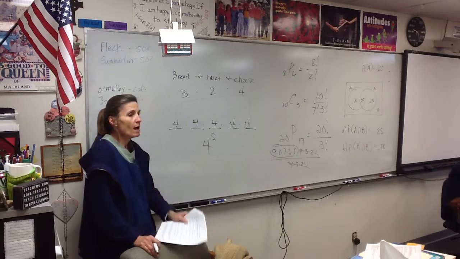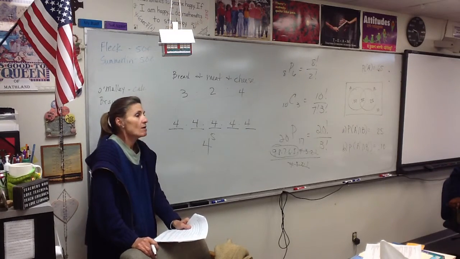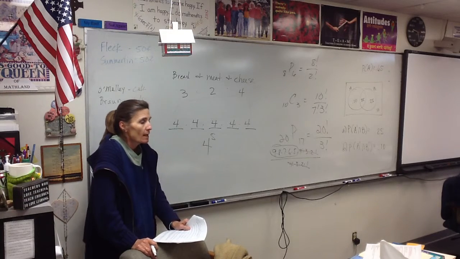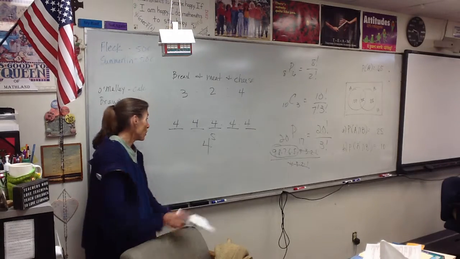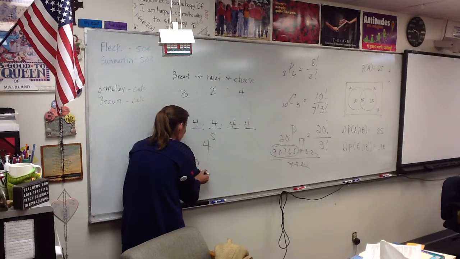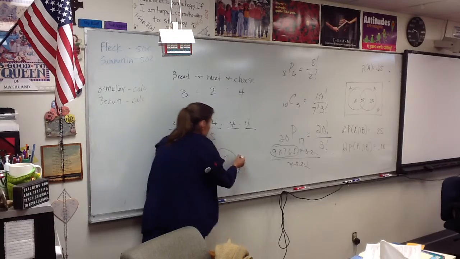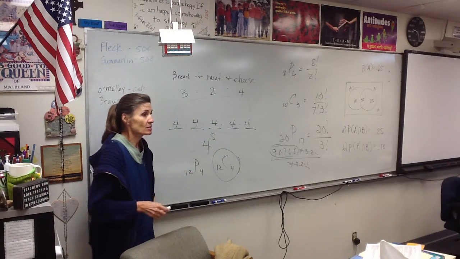Now I have 12 kids, and I am going to give away 4 identical markers. How many ways can I do that? 12C4. Well, it's 12P4 or 12C4. Which one would be appropriate? 12C4. Why is C the answer?